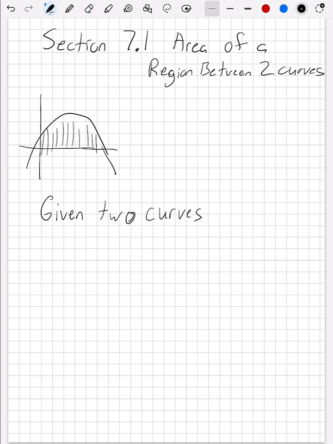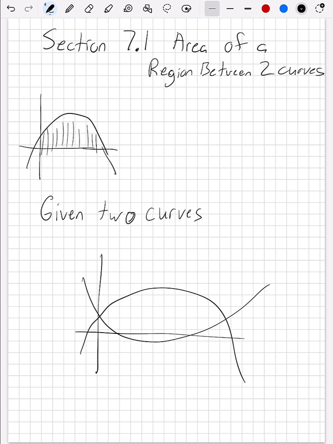If we are given two curves, maybe something that looks like this, so we have this, and then we have this, what we want to find is the area that is between those two curves. I'm going to call this top curve F, and the bottom one G.